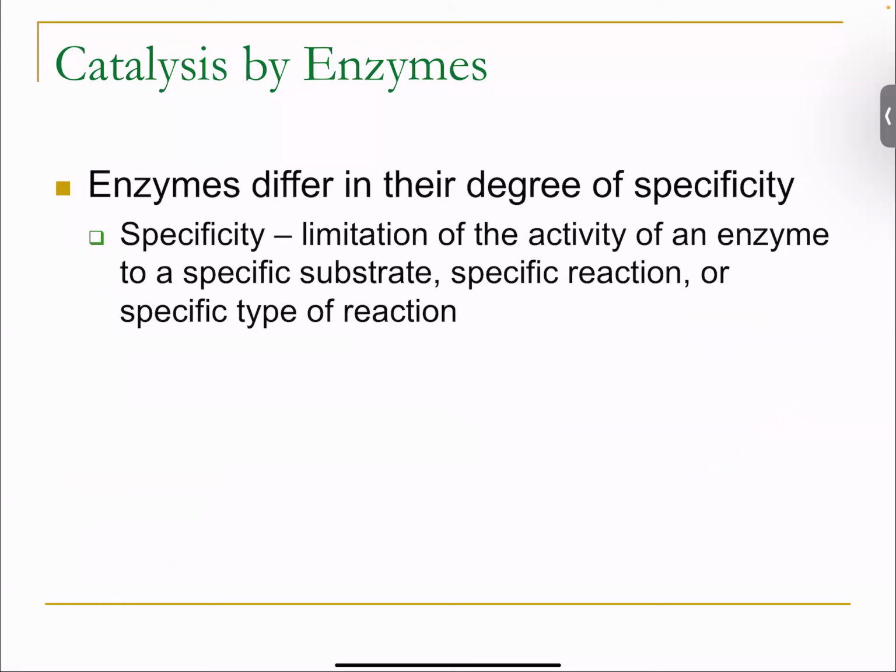Enzymes will differ in their degree of specificity. We looked at trypsin just a few moments ago on the example that was on the board. And it specifically focused on two amino acids. Some are very specific as to what they can accomplish.